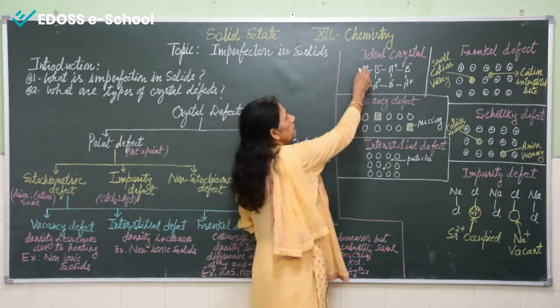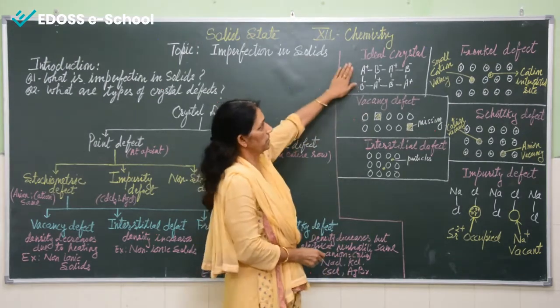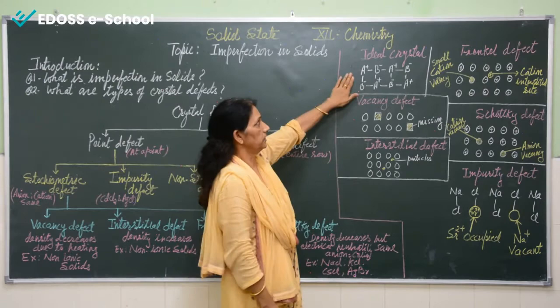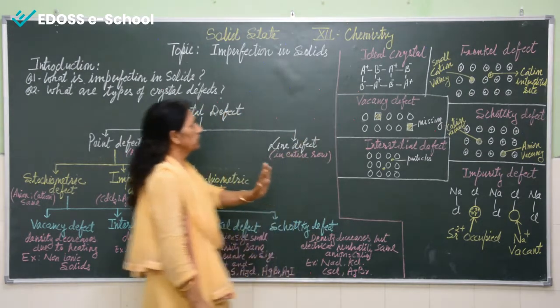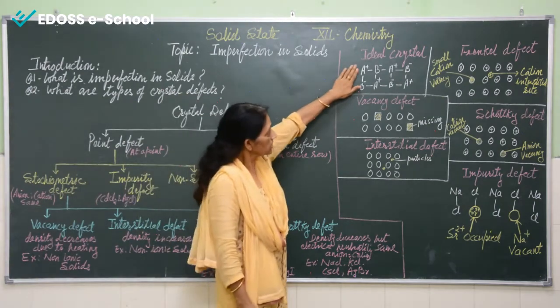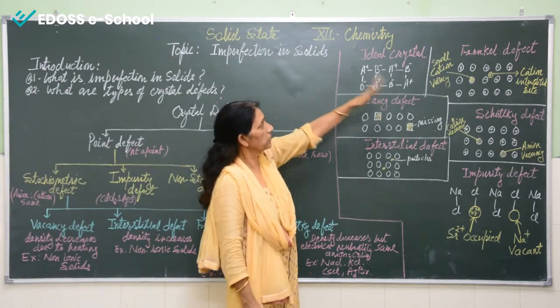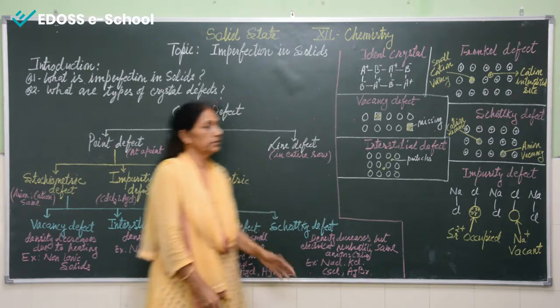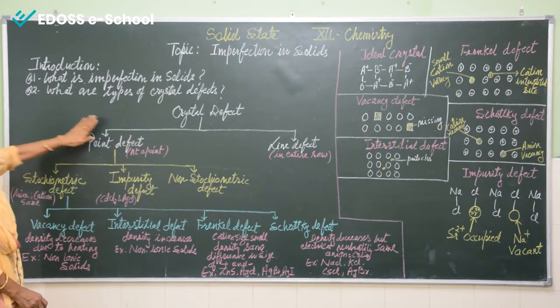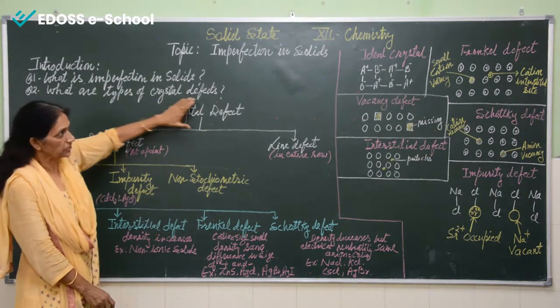If the numbers of anions and cations are the same, then it is known as an ideal crystal. But sometimes this ideal crystal, or the ratio of anion and cation, differs. Then we say that this is imperfection.